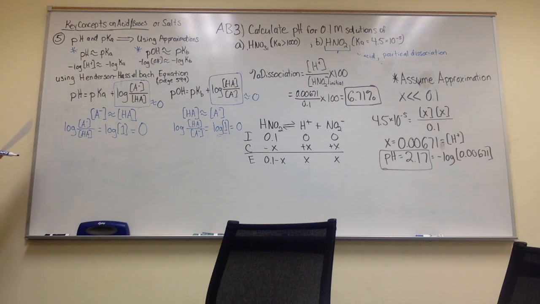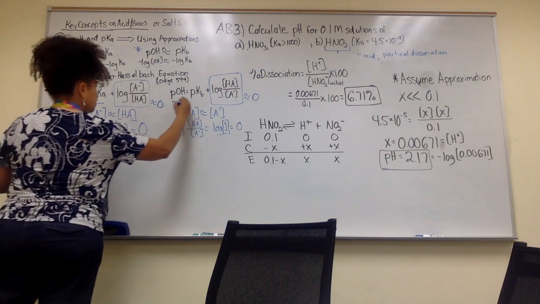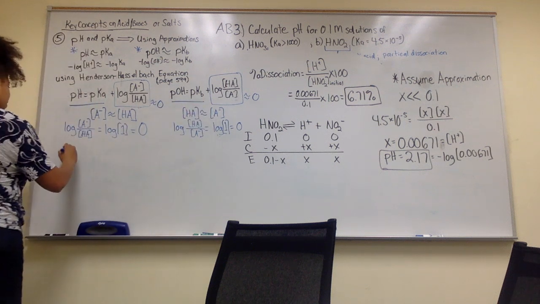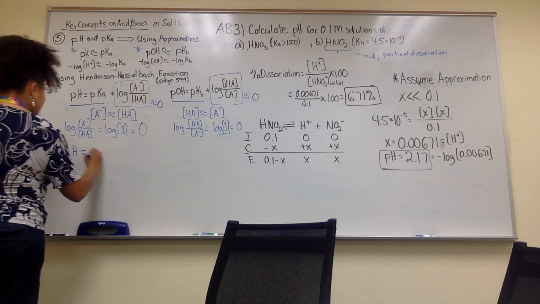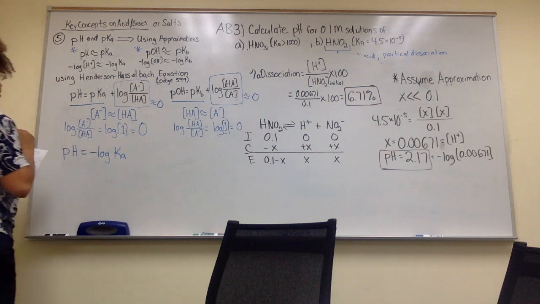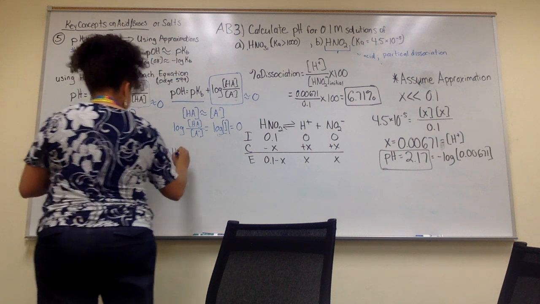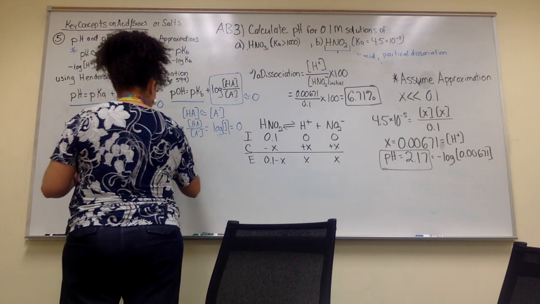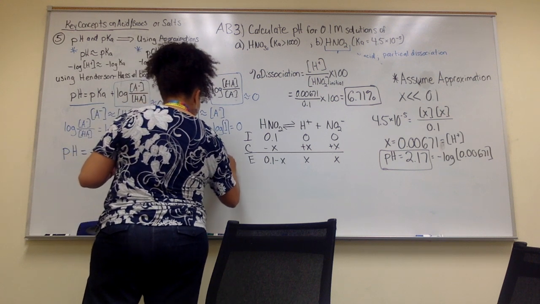So since that's the case, we then know that this indeed is true, and this indeed is true. So pH can be calculated as the negative log of Ka, and pOH can be calculated as the negative log of Kb.